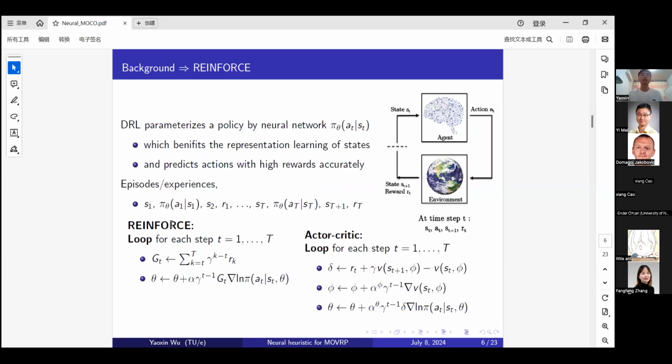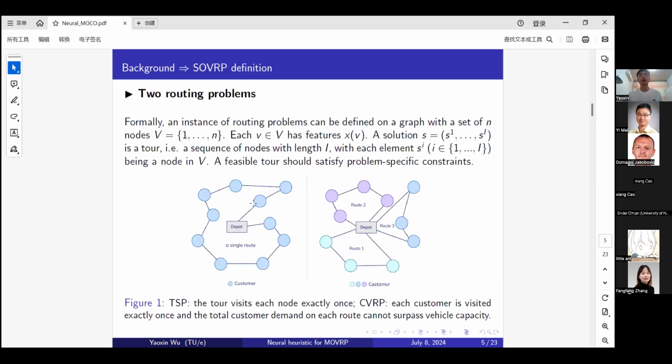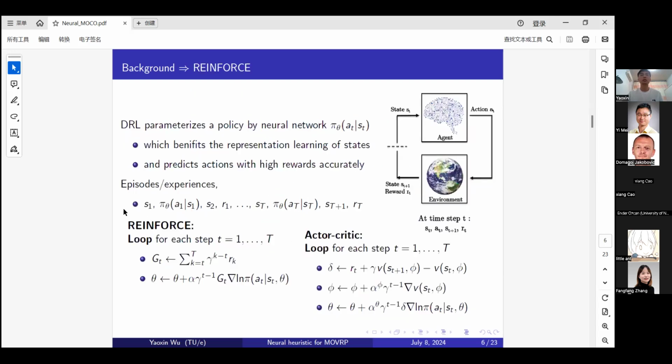Imagine we have an agent represented as a neural network with parameters theta, and given the current state, which means the current node and the visited nodes, the agent can pick the next node according to the current state.